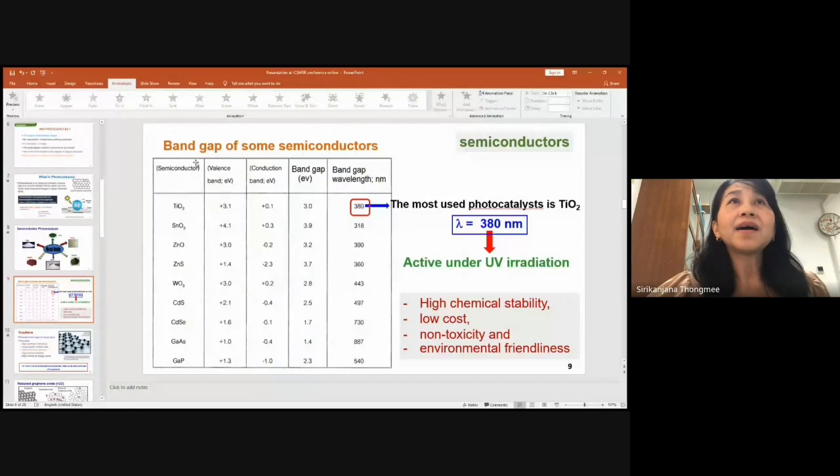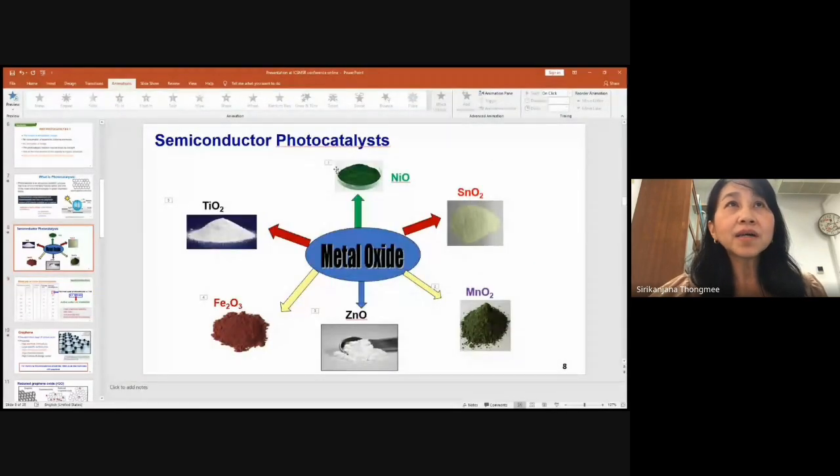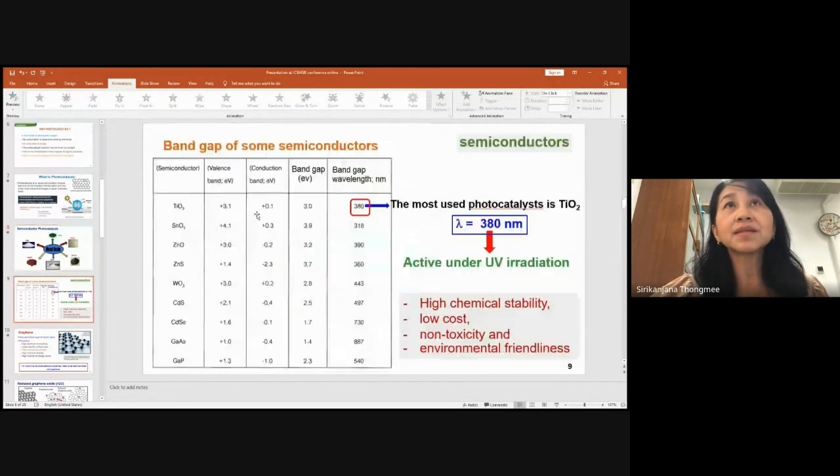In this work, titanium dioxide has been chosen to study as a semiconductor photocatalyst. This is because titanium dioxide is the most used catalyst, with a band gap corresponding to 380 nanometers wavelength, active under UV radiation.